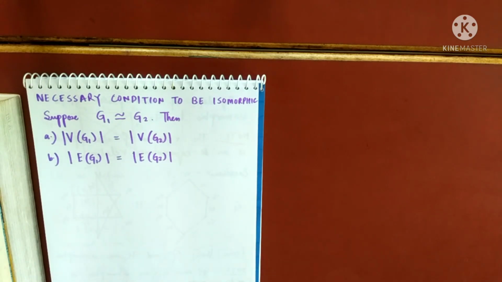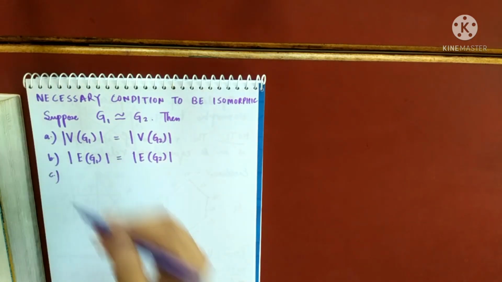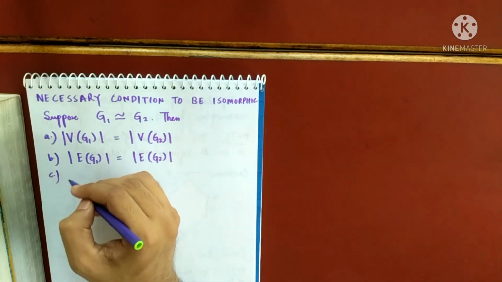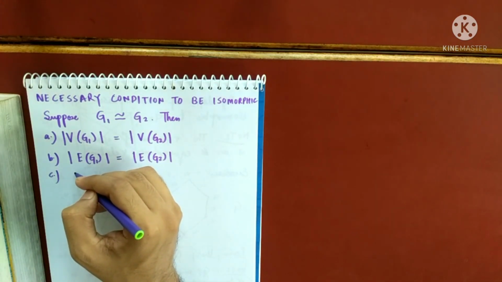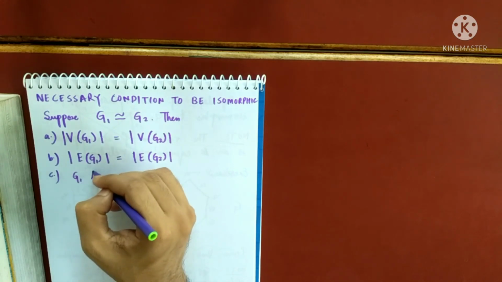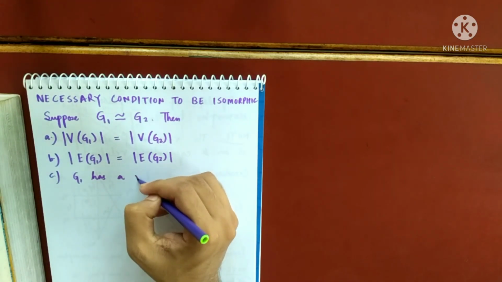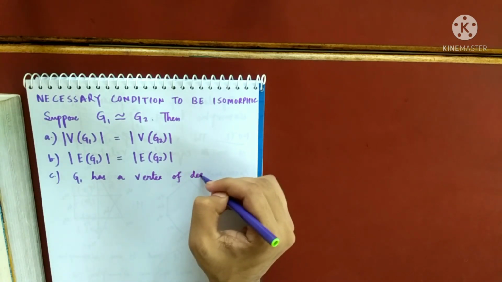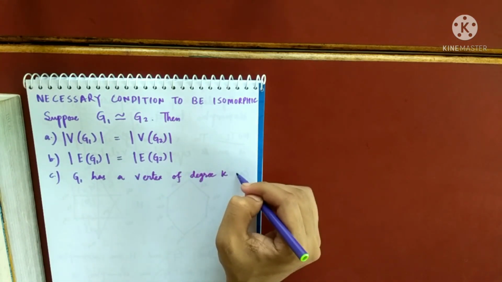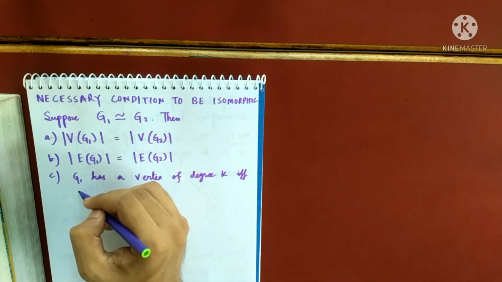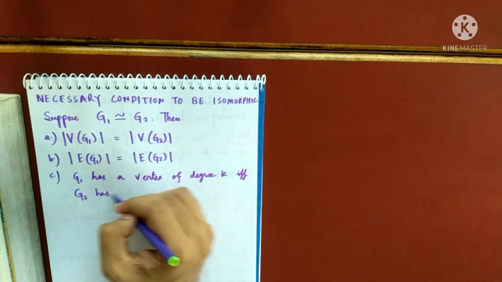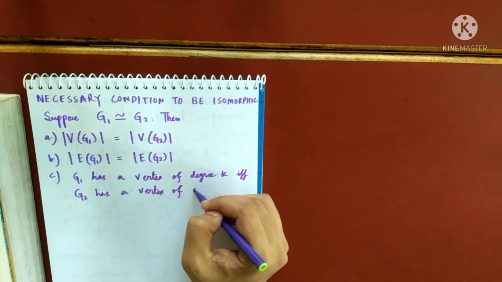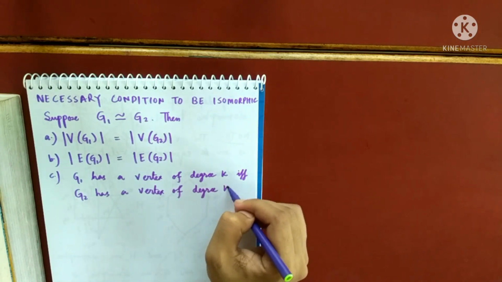So there are many other necessary conditions. Number C. G1 has a vertex of degree k if and only if G2 has a vertex of degree k.